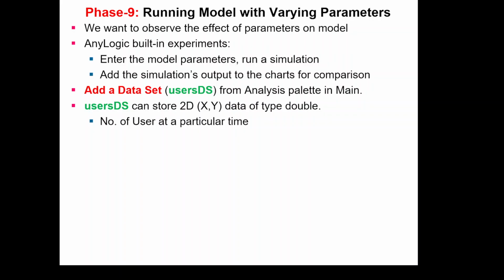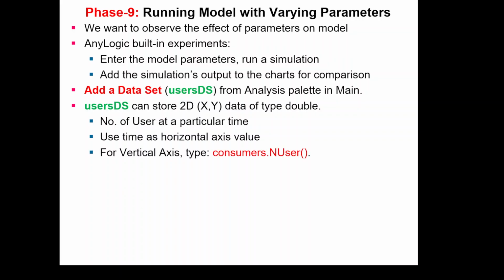We want to know the number of users at a particular time. So the horizontal axis will be the time, and on the vertical axis we will have the consumers, and we will obtain the number of these consumers from an already defined function in the statistics.